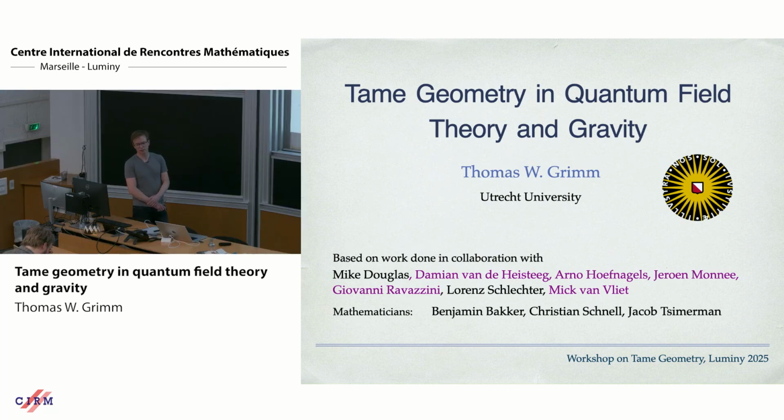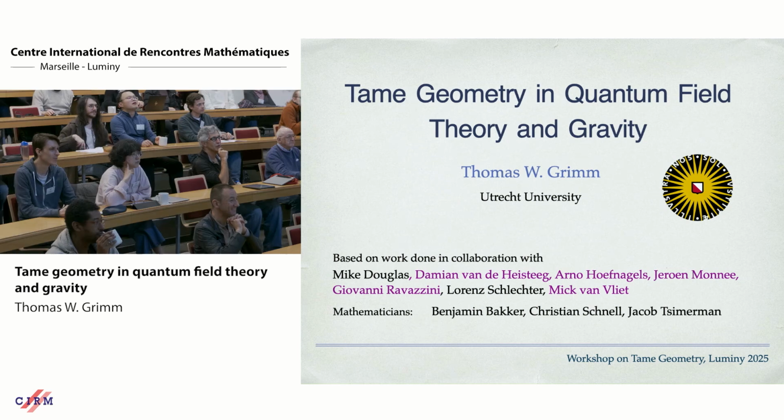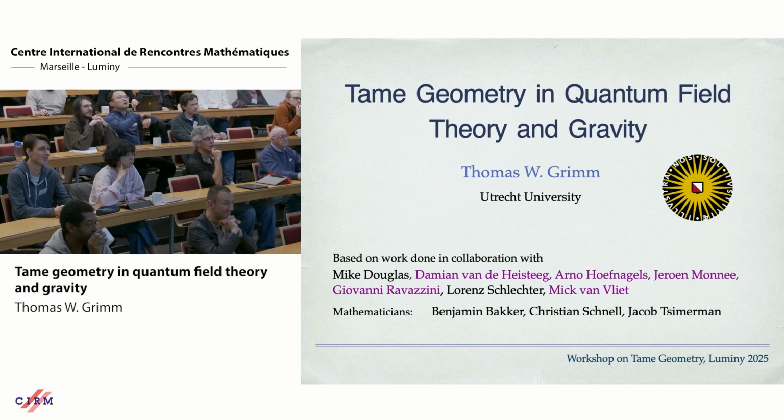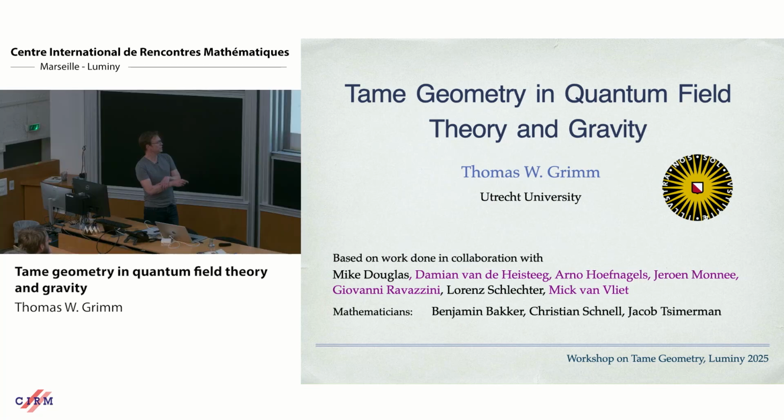And it will be based on a number of works which I have performed in the last couple of years in collaboration with a number of collaborators. I highlighted here in color my junior collaborators: my former PhD student Damian, who's now a postdoc in Harvard, Arno Hufnagel, Jeroen Monet and Giovanni Ravazzini.